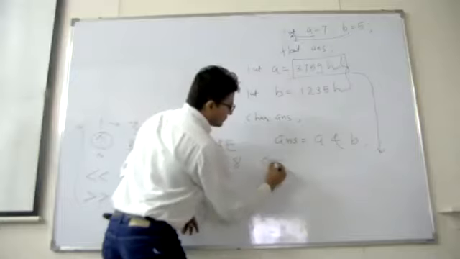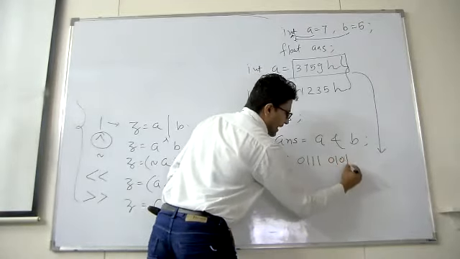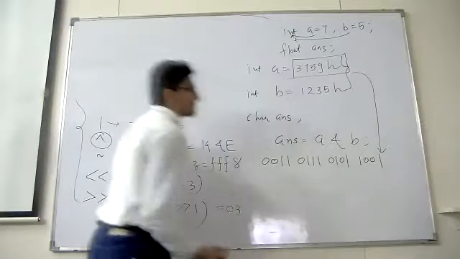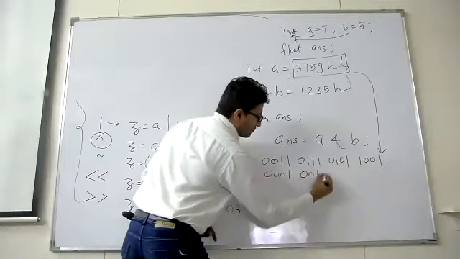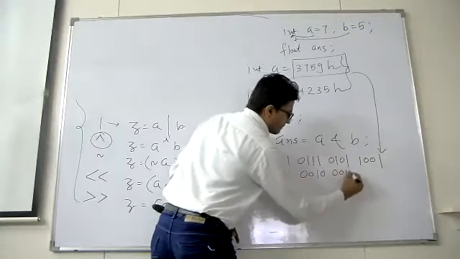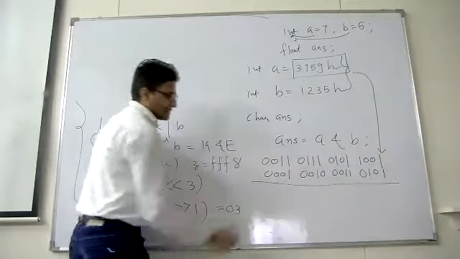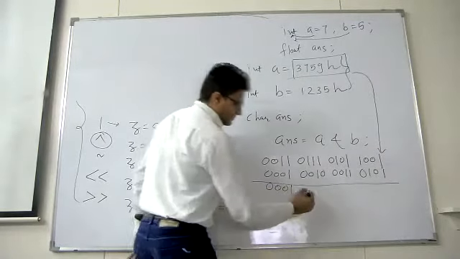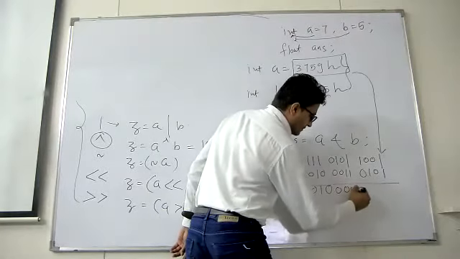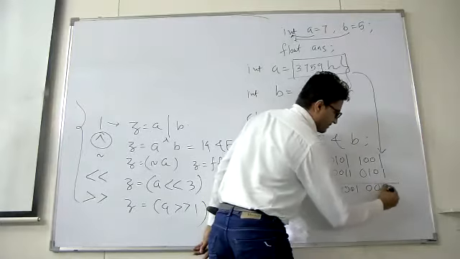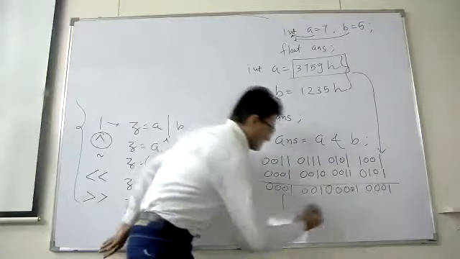Here 37 and 59 is the first data, the second data is 12 and 35. So the AND operation gives 12 and 11. My real answer is 1211.